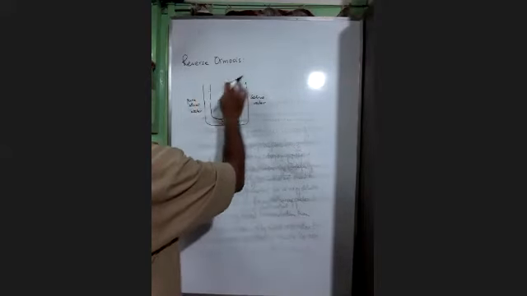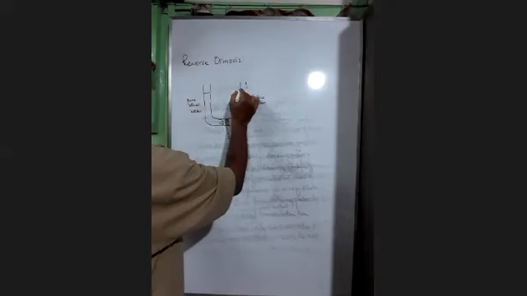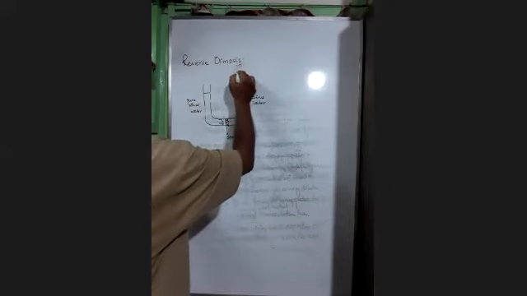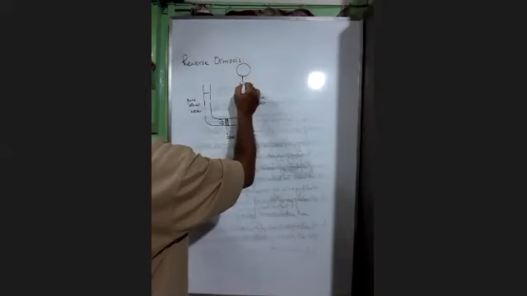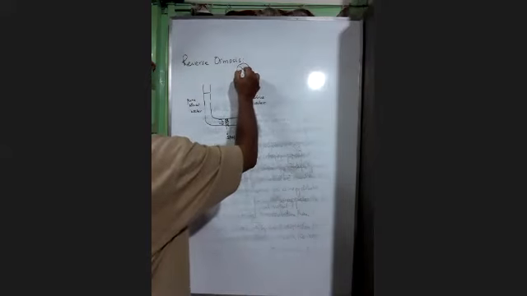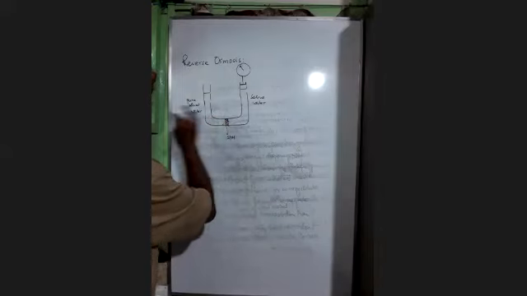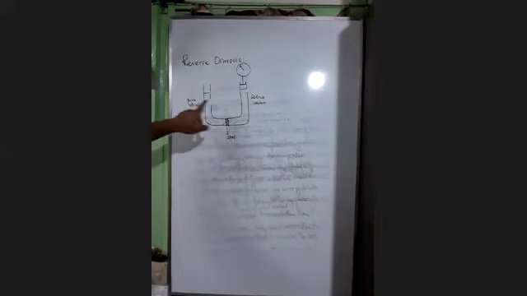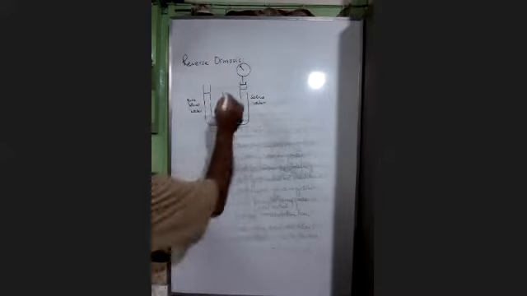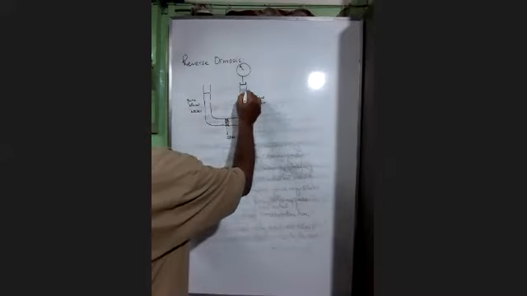So to stop this movement of solvent molecules, what do we do? We apply pressure on this, like piston pressure. When the pressure becomes equal to the osmotic pressure, the movement of the solvent molecules stops. In that case, you find the level is the same in both arms.